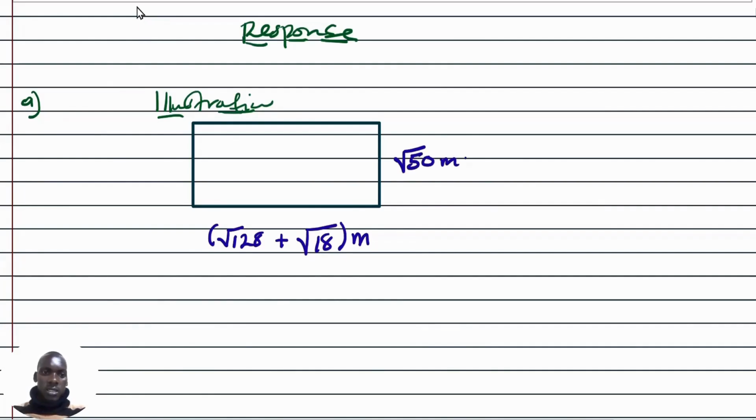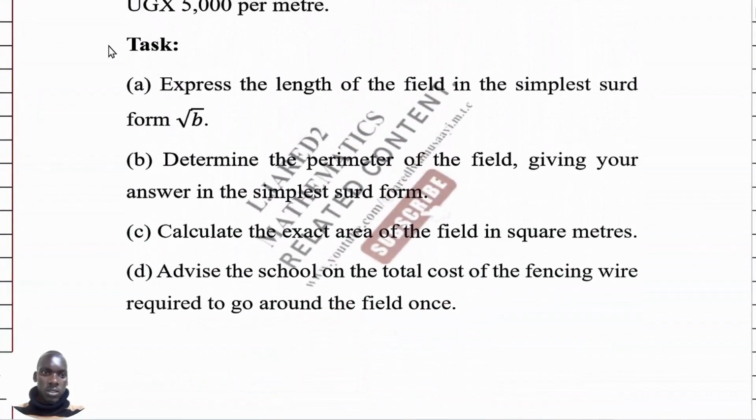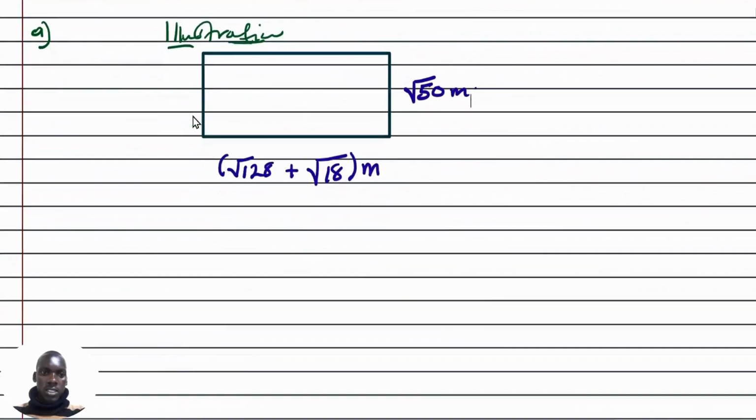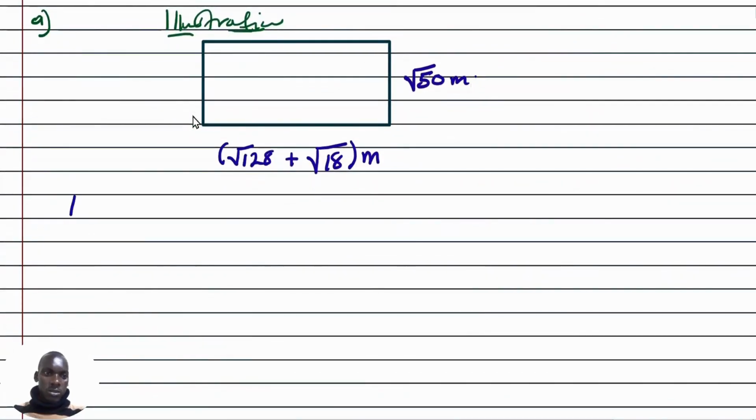Remember, in part A they want us to express the length in the simplest surd form, which is root b. So we are just going to consider the length. The length equals the square root of 128 plus the square root of 18. We are going to simplify these.